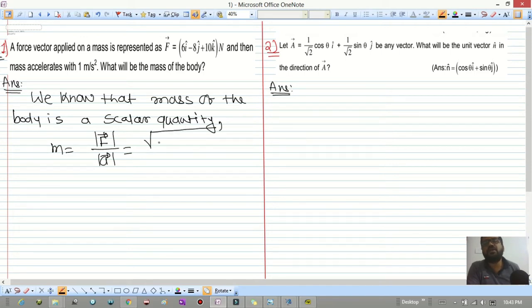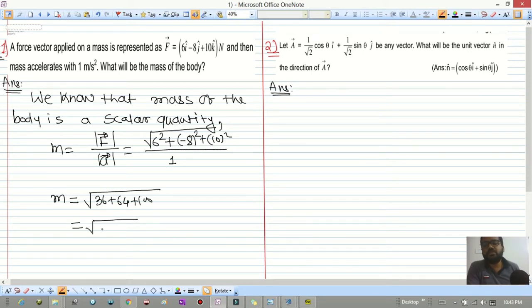It is root of x component squared, 6 squared plus (minus 8) squared plus 10 squared, divided by the acceleration given, which is 1. So the mass is root of 36 plus 64 plus 100, which is root 200, that is 10 root 2 kgs. Okay, so this is the mass of the body.